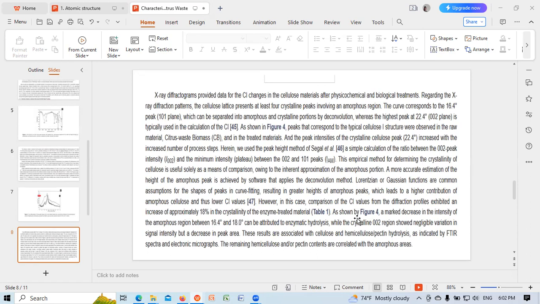In the treated citrus waste biomass materials, the peak intensity of the crystalline cellulose peak at 22.4 increases with the increased number of process steps. The minimum intensity is between the 002 and 101 peaks.